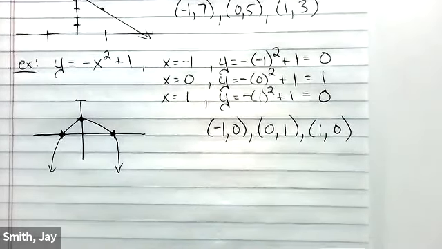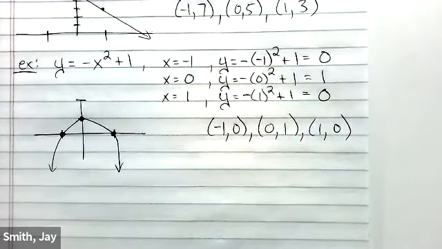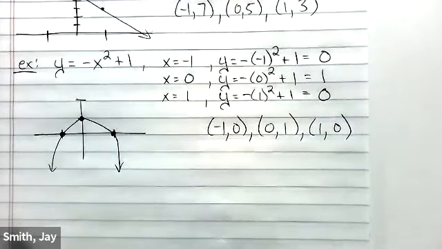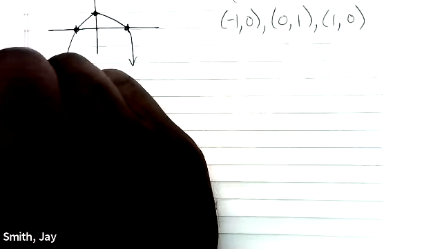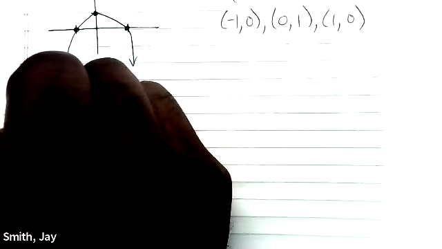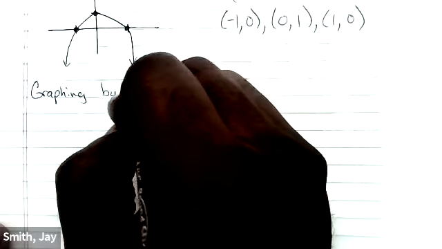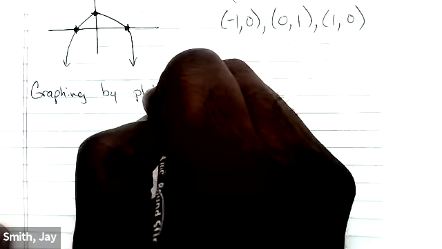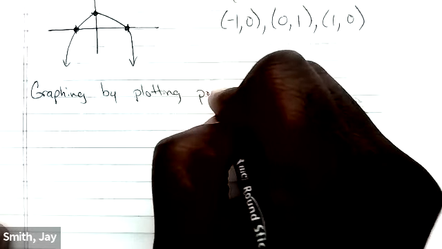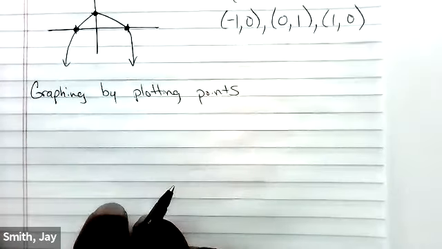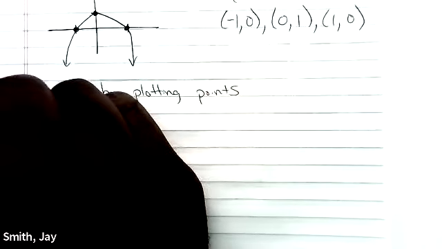All right, so next thing we're going to need to do in this section or review is graphing by plotting points. First thing we want to do is find our intercepts.